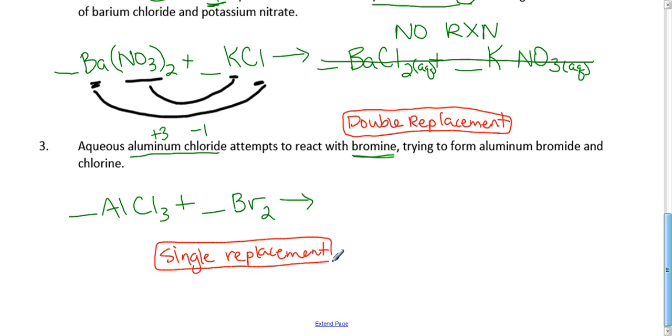So what that means is that we have to look at our activity series and see if our lone element is strong enough. This element right here, is it strong enough to replace the element that's like it in the compound? So bromine's a nonmetal on the right-hand side of our table. So see if it will replace chlorine, which is also a nonmetal on the right-hand side.